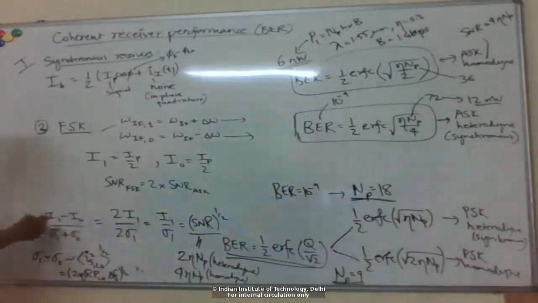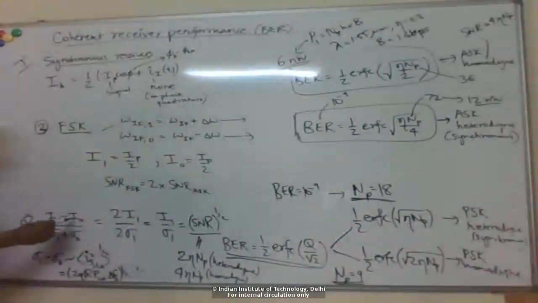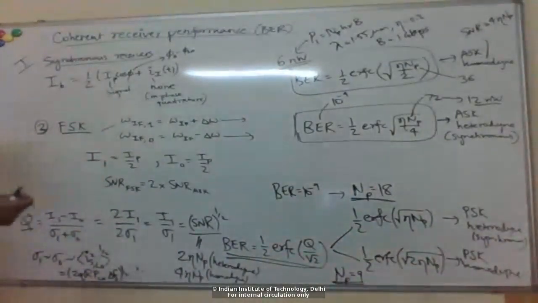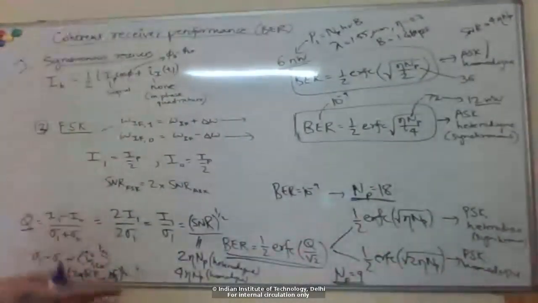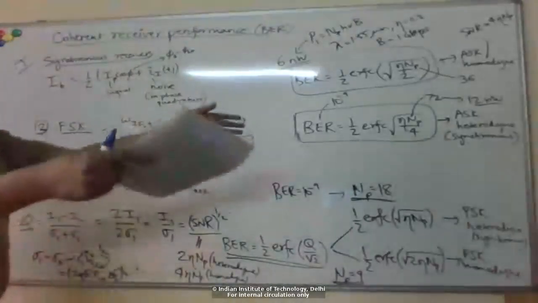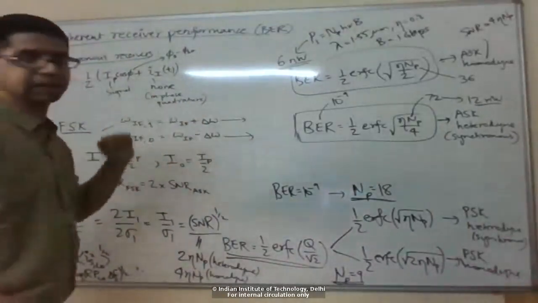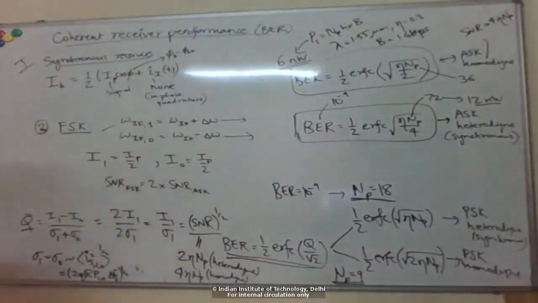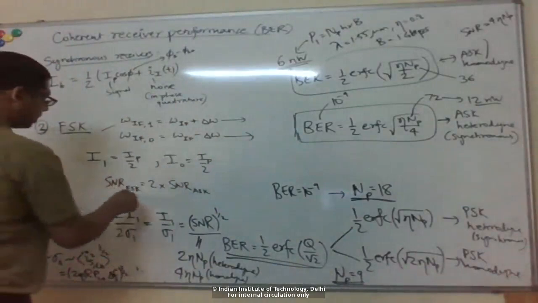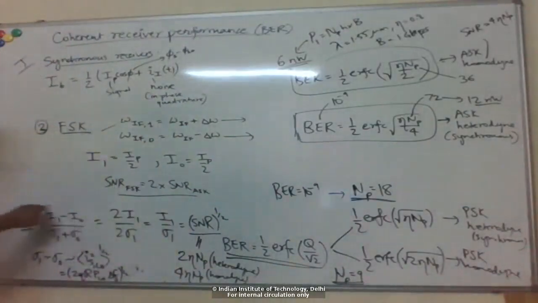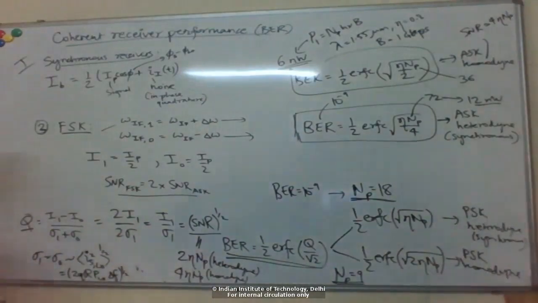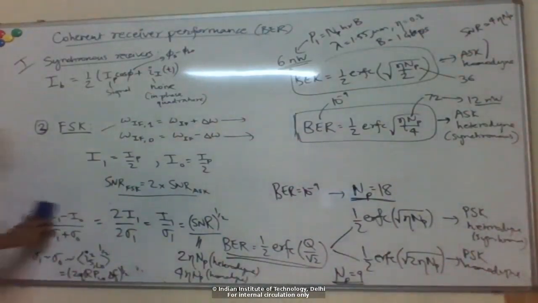We can't use this kind of formula here because we use this formula when we have only one output and then we decide based on the level. Here we actually have two parallel outputs, and depending on which output the current is coming from, we are deciding the bit. Right? So just by that argument, we can't use this formula here, right?